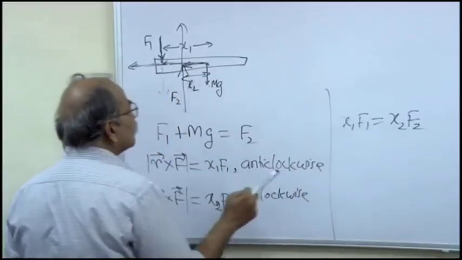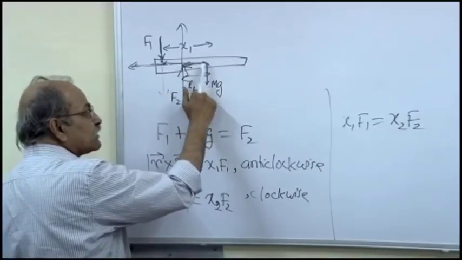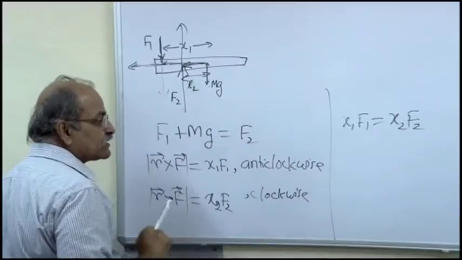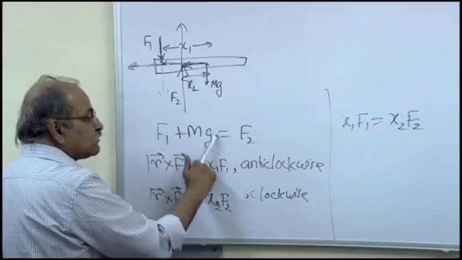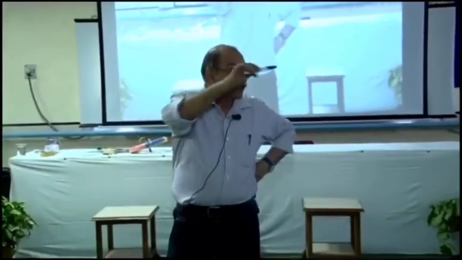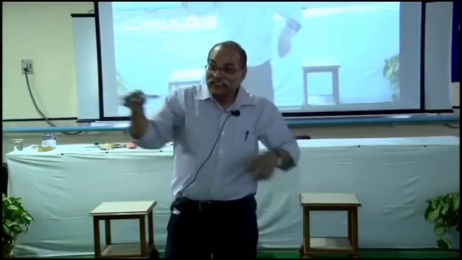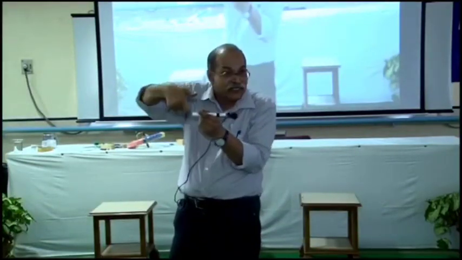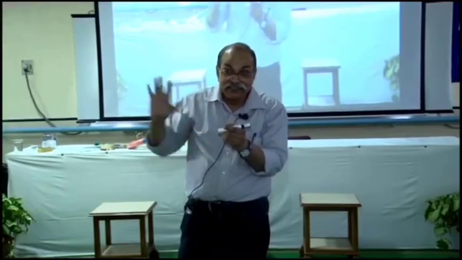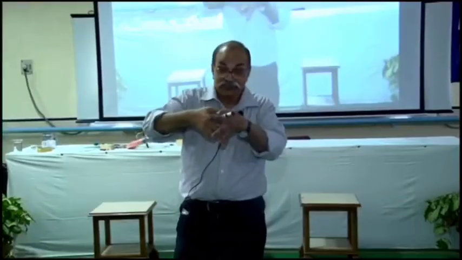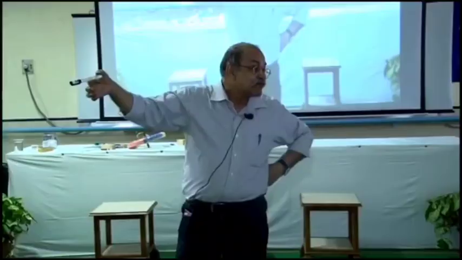Then x2, where I am applying upward force, the distance of the center from there, one can measure. And mg, the weight of the pen, right? You can just weigh it, how many grams. So mg you know in newtons. You can measure x1 and x2 where you are putting your thumb and your finger in centimeters, convert it to meters. Use these equations, and you get how many newtons you are applying from your thumb and how many newtons you are applying from the finger.